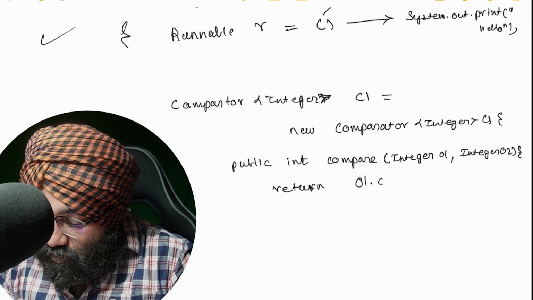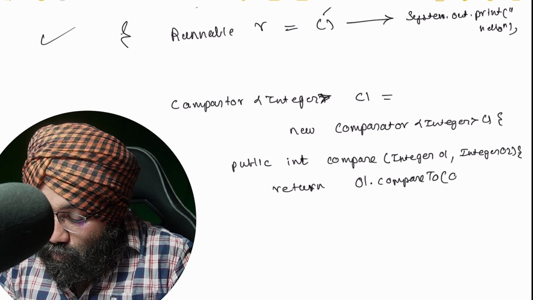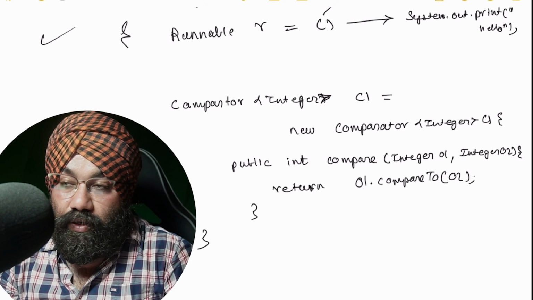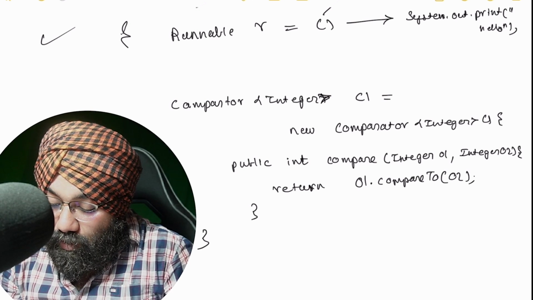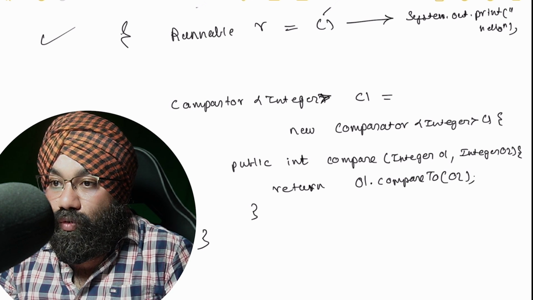You can simply do o1.compareTo(o2), and then this is your inner class, how you have implemented the comparator. And now you can pass this comparator while doing some comparisons.